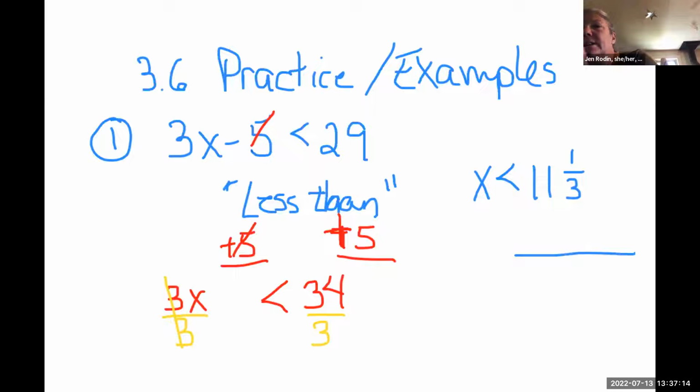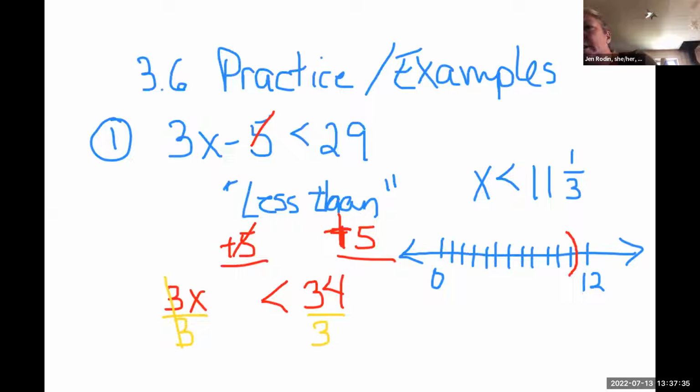It's hard to get that bracket in the perfectly right place. So 11 1/3 would be right around there, and then we'd shade to the left. That would be the graph of the solution.